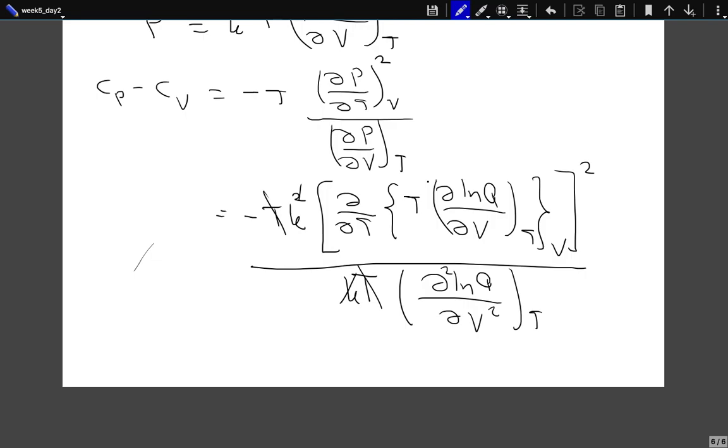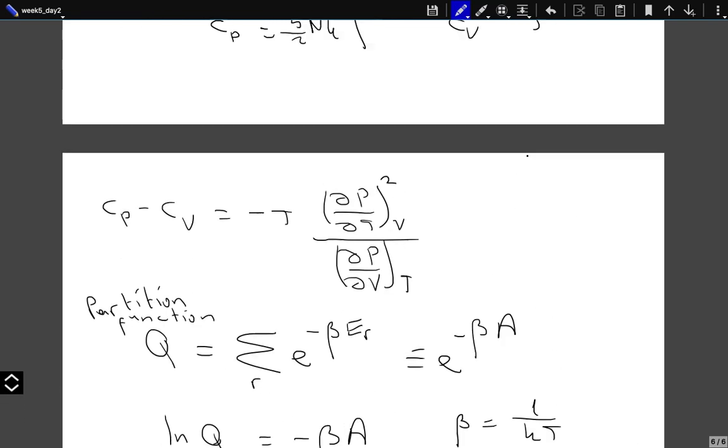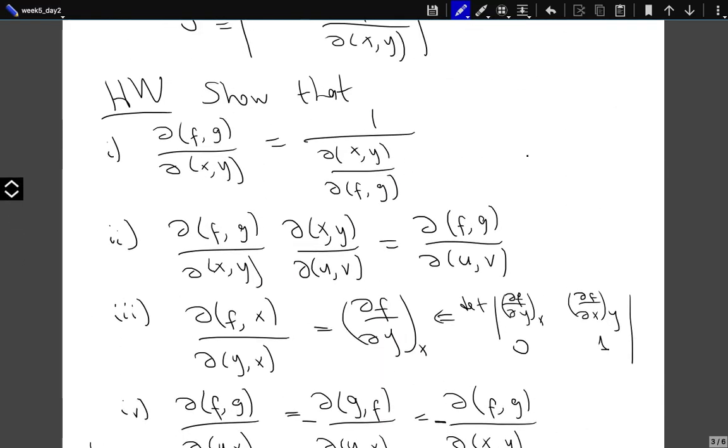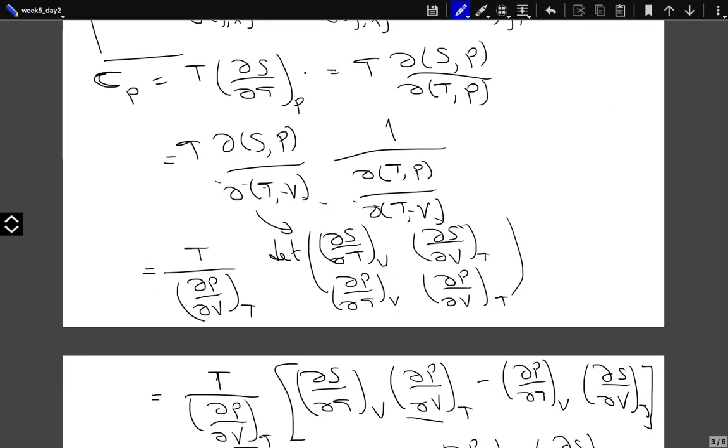So what you need to know, at least to do some manipulations in thermodynamics, is that you need to be able to change your variables. That is what we did over here. Instead of using T and P as our variables, we just converted into T and V as our variables. So Jacobians might seem complicated at first sight, but they do simplify.